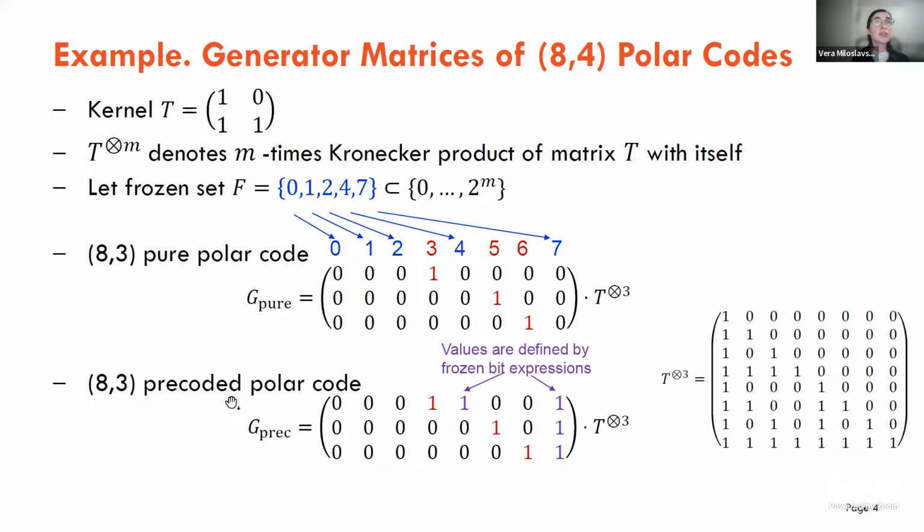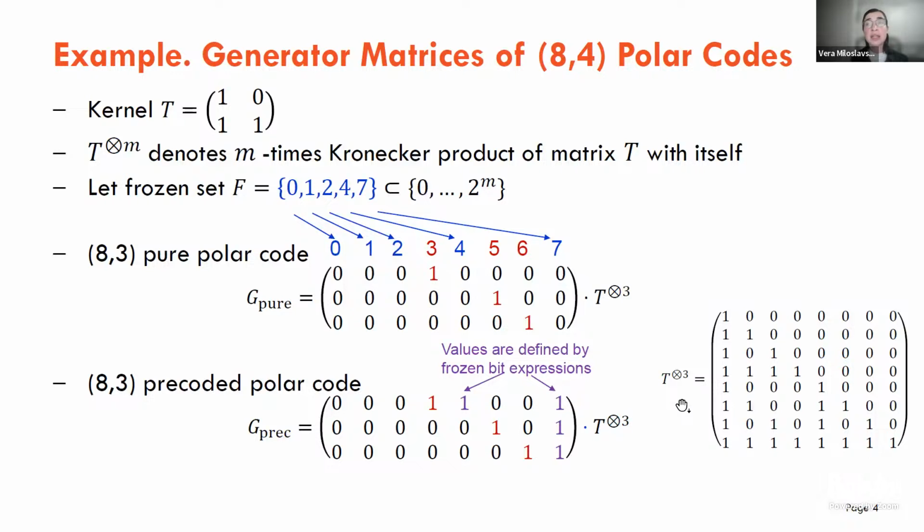Let us look at those codes from a mathematical perspective. Codes are based on a 2 times 2 kernel. Then we can compute the m-times Kronecker product of this kernel. Here is an example for code length 8, and this matrix is called the polarization transformation matrix.